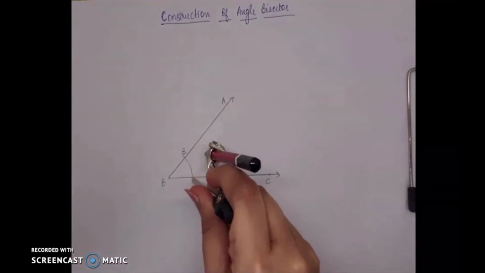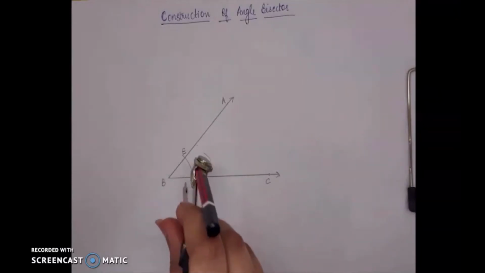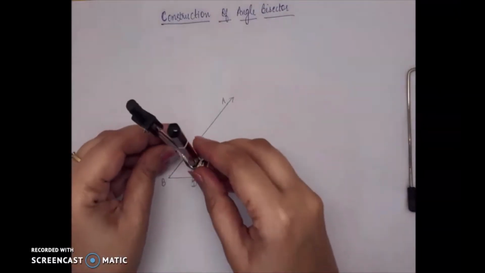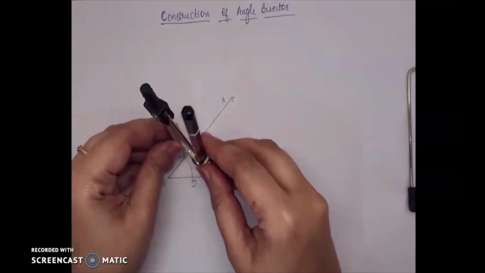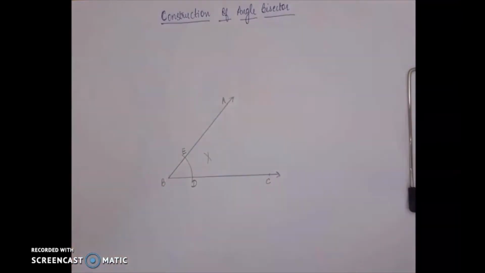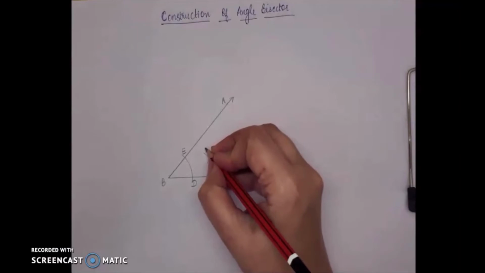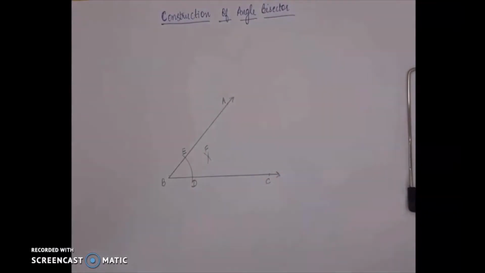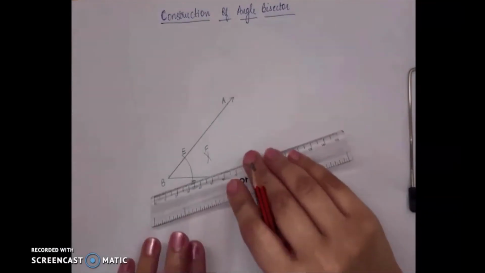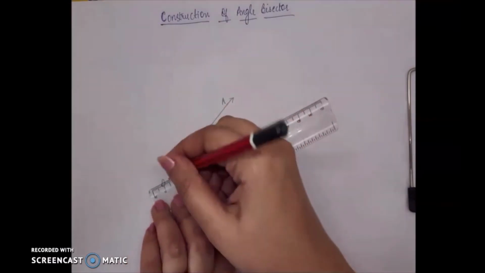So take D as the center, any radius more than half of DE, and draw an arc. And without changing the radius, with E as the center, again draw an arc. So these two arcs will intersect at a point. And that point of intersection will be marked as F. Then you will join BF and you will extend the line.